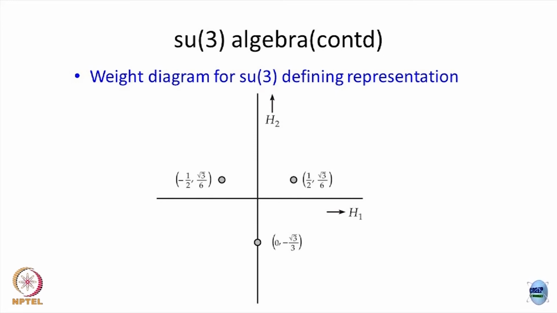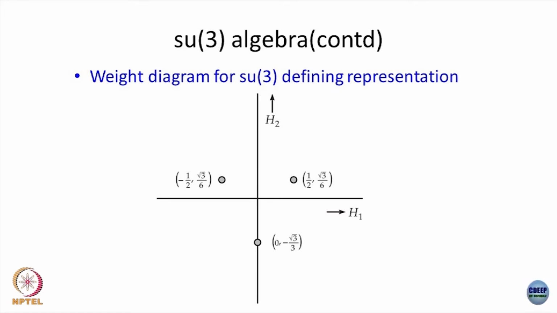Weight vectors have two components. That's why I'm drawing a two-dimensional plane. If it was SU2, what is the situation? SU2 does not have the second one. So this one is not there, and there is only half and minus half. The second component will not be there. Is this clear? Is the weight vector concept clear?